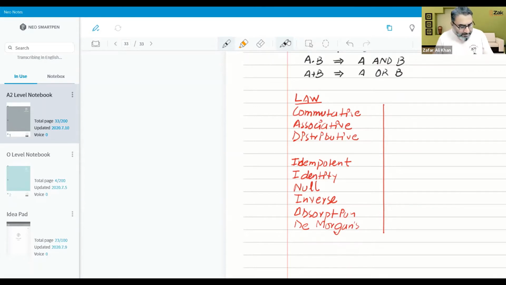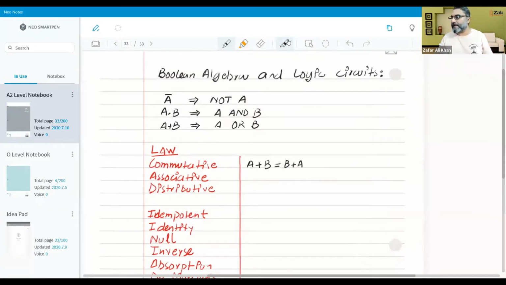So this commutative law says that A plus B is equal to B plus A. Mind it.